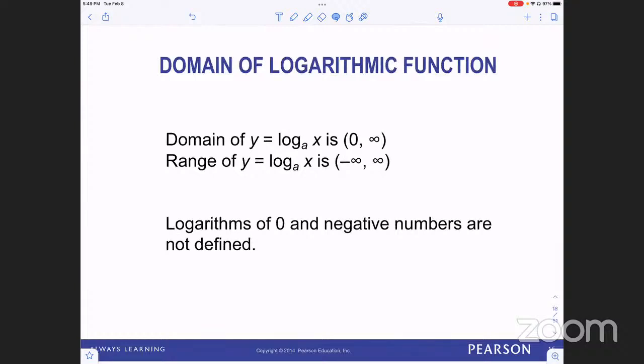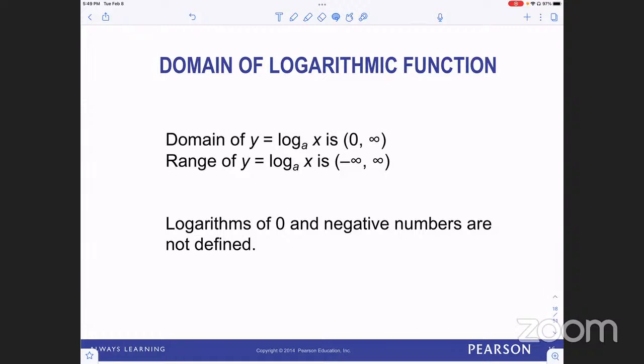The log, right? So keep in mind that because the log is the inverse of the exponential, the domain of the exponential was what, all reals, and the range was 0 to infinity. So because it inverses, that means that the domain of the log is 0 to infinity, and the range of the log is all reals, right?